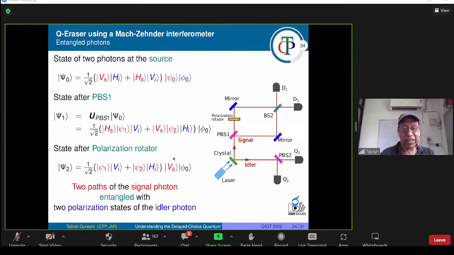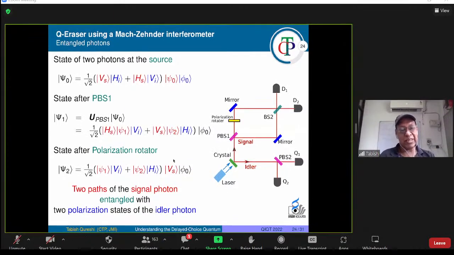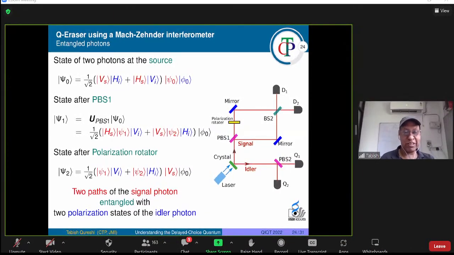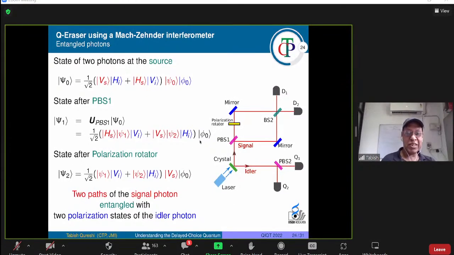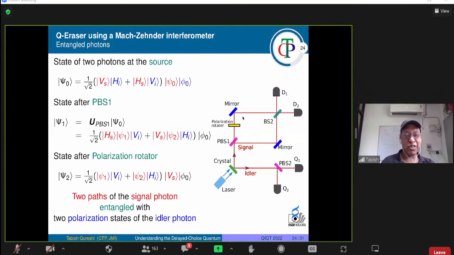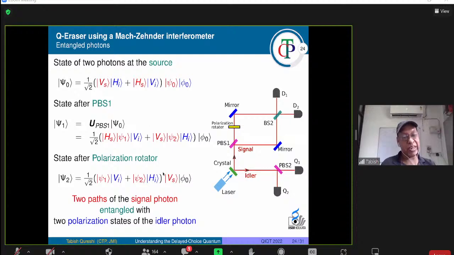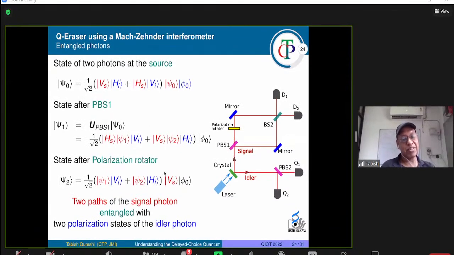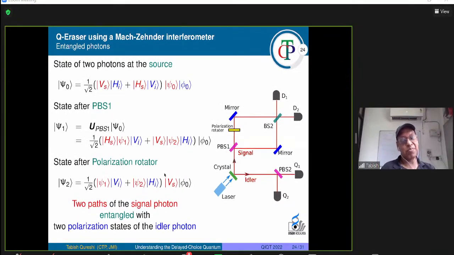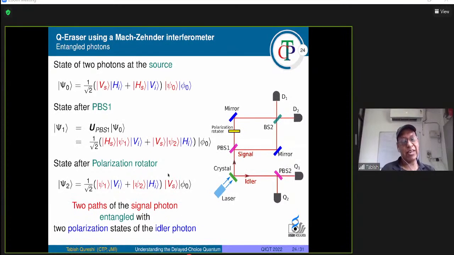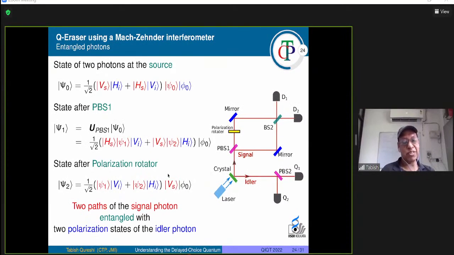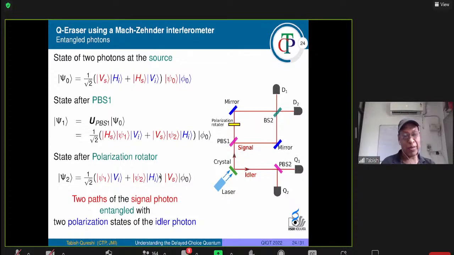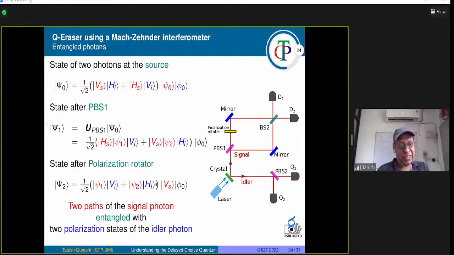You might wonder, and when I sent this paper for refereeing, one referee simply refused to believe that I am only acting on one of the photons. How can I cause this disentanglement? You know very well that if you have two entangled systems and act only locally on one of the systems, you can't change the entanglement. But here it seems to be happening. But this is actually not correct.